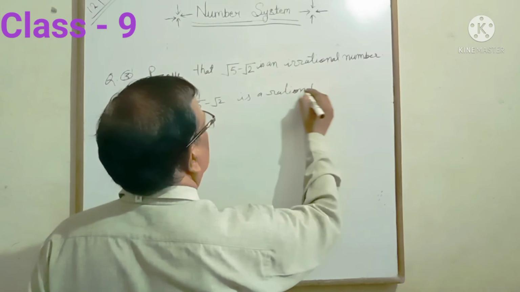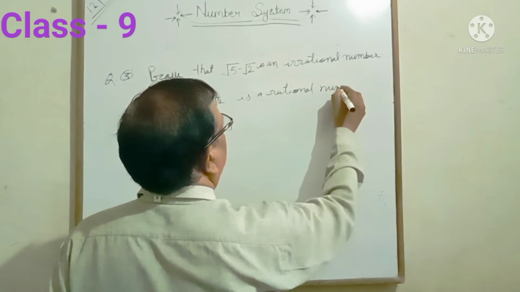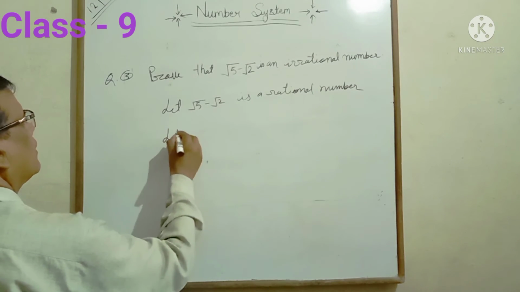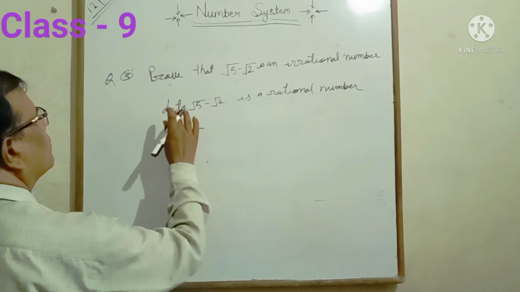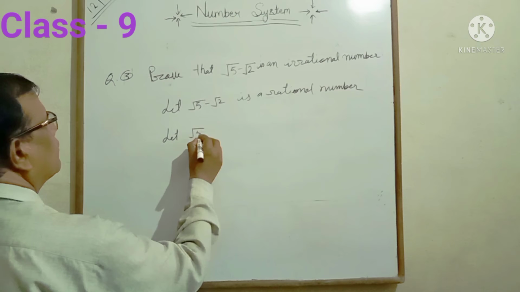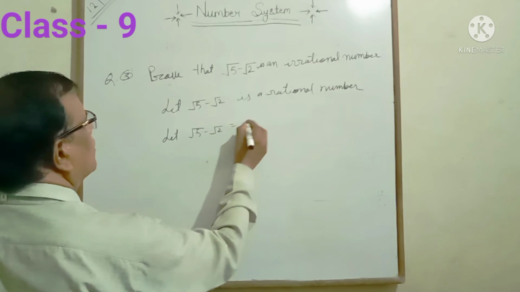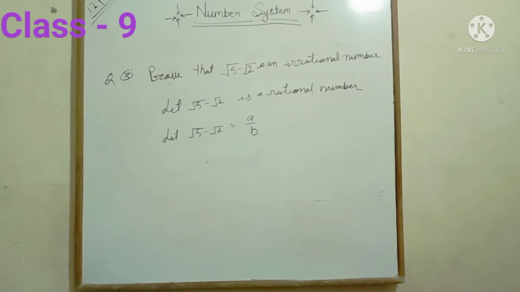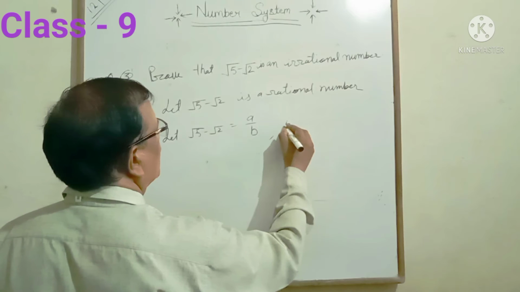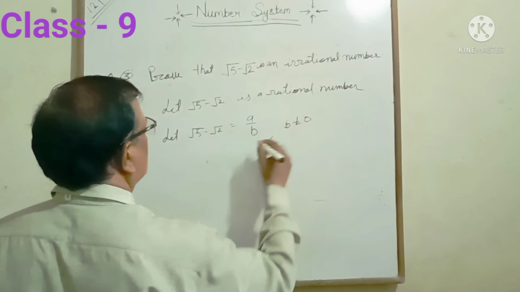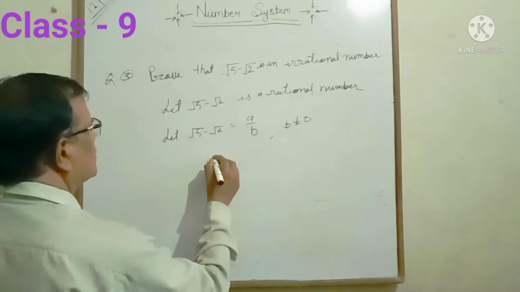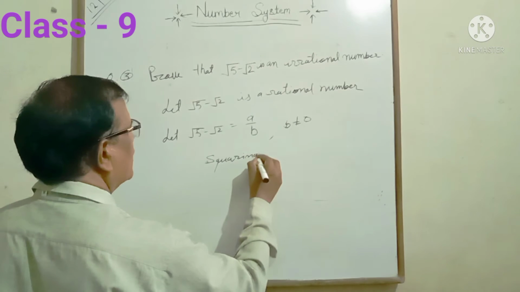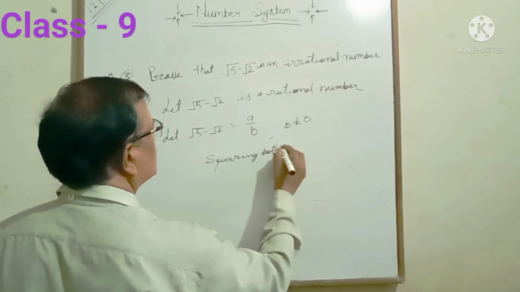Let root 5 minus root 2 equal a upon b, which is in the form of p by q, and b is not equal to 0. So squaring both sides.